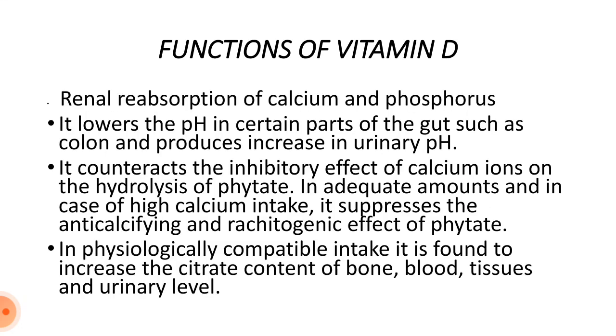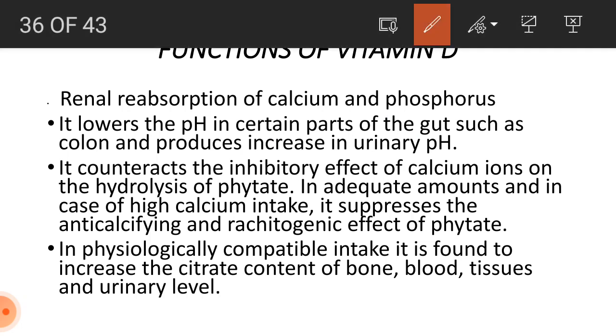Moving on to the next function, which is renal absorption of calcium and phosphorus. It lowers the pH in certain parts of the gut, such as the colon, and produces increase in urinary pH.